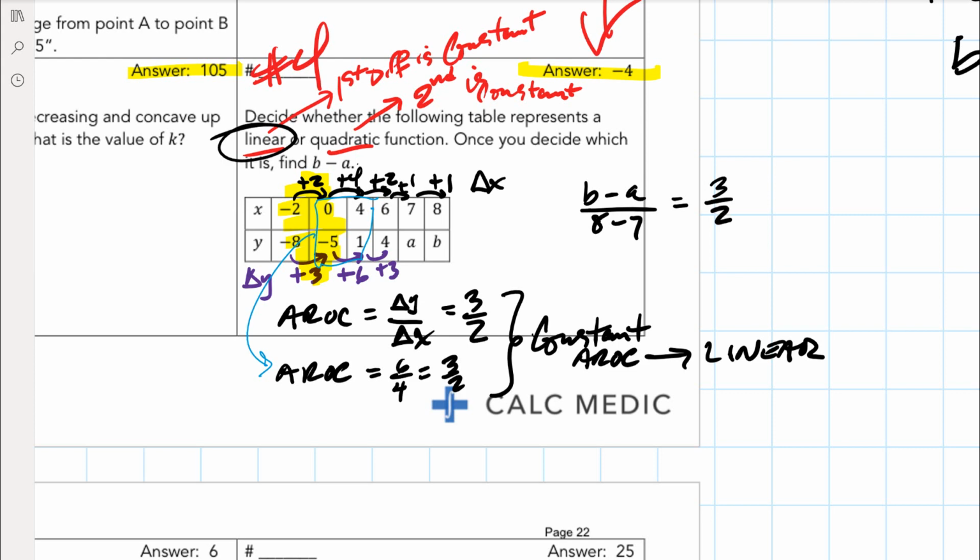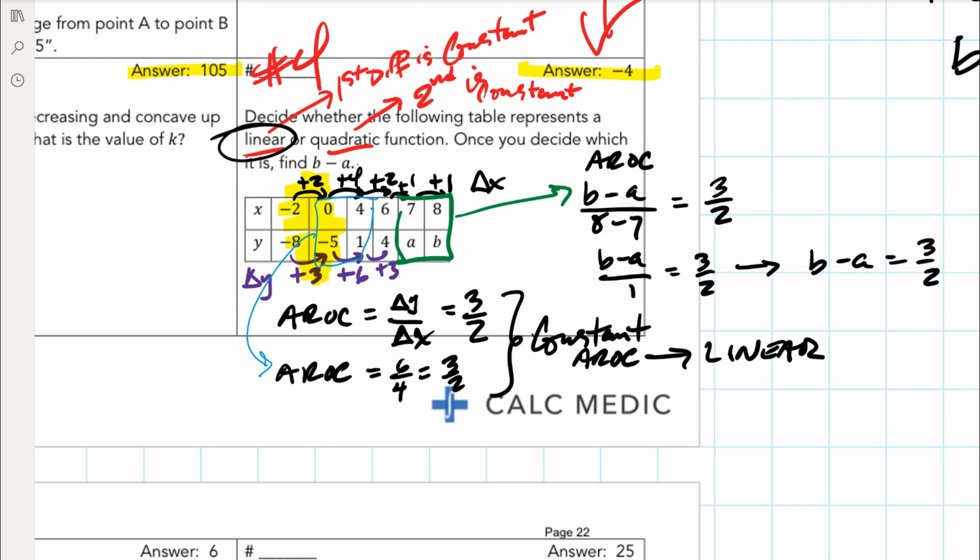So we use the average rate of change using your last interval. So B minus A divided by 8 minus 7 has to be equal to 3/2 because it's constant. We have a linear function. Well, that gives me B minus A divided by 1 equal to 3/2. So in other words, B minus A is equal to 3/2.